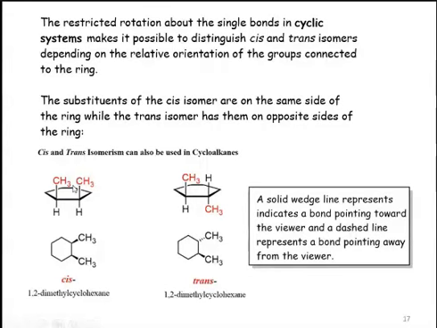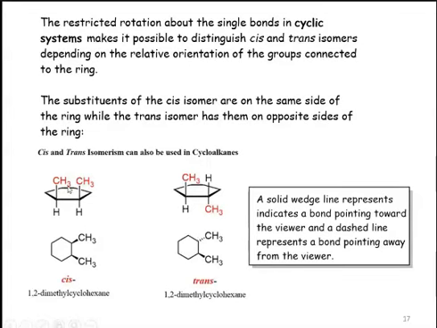The ring itself represents the plane, and the functional groups attached to the carbon atoms of the ring decide whether the ring structure has cis isomerism or trans isomerism. The substituents of the cis isomers lie on the same side of the ring, whereas in trans isomers they lie on opposite sides of the ring.